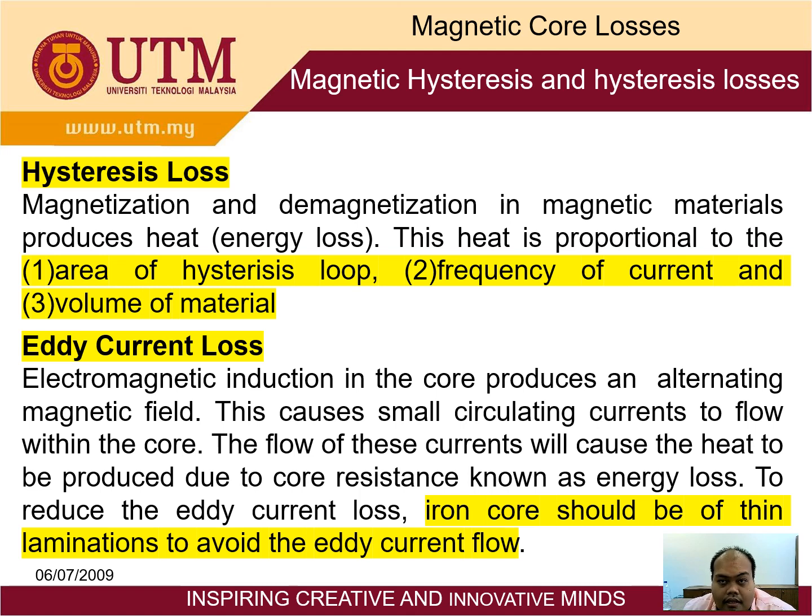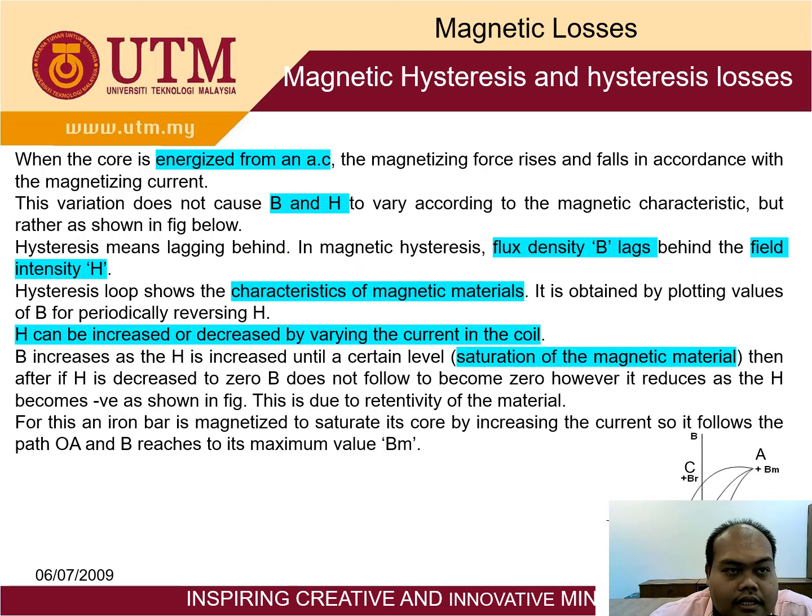Also you can use a higher resistive core, or use a lower frequency of current. So memorize this. Hysteresis loss is only for AC. If the supply is AC, but DC doesn't cause hysteresis loss.